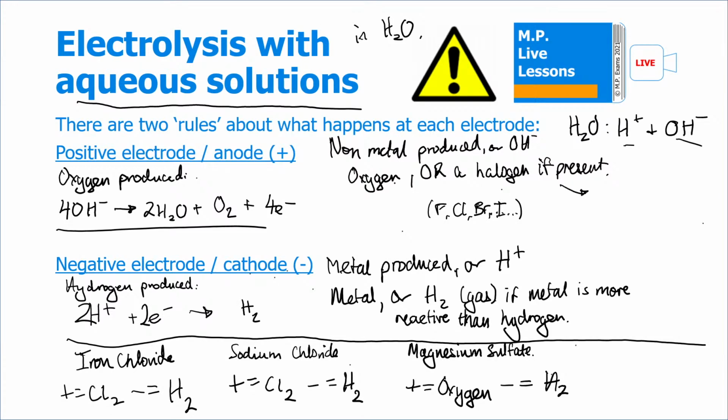Well, the halogen half equation could be chlorine, for example. So chloride is a negative ion, and that will lose some electrons. It will become chlorine gas, but it exists as a diatomic molecule, so we'll have to balance everything out.